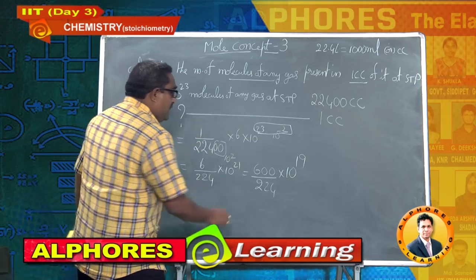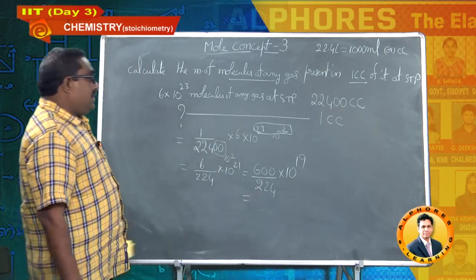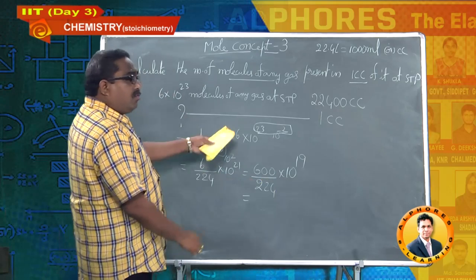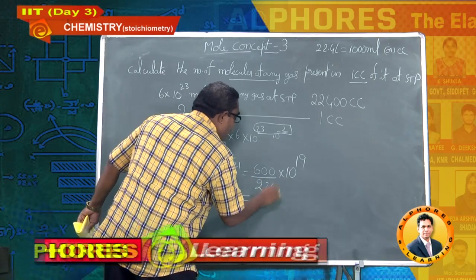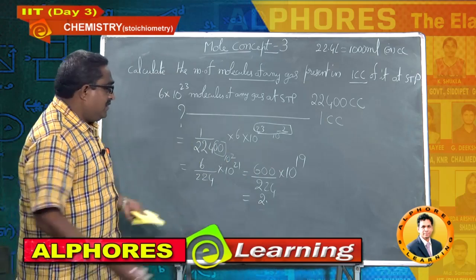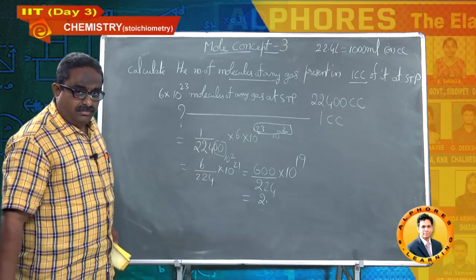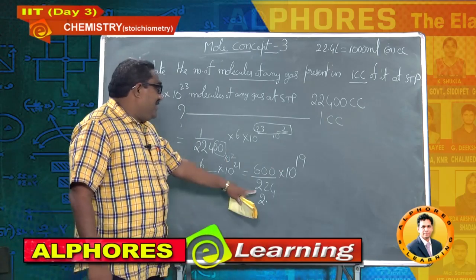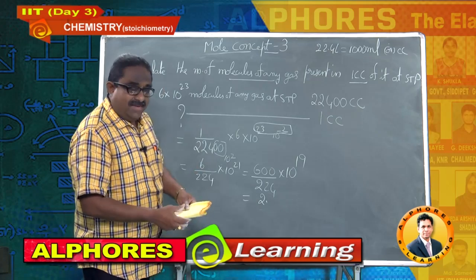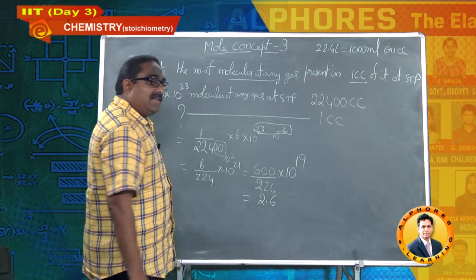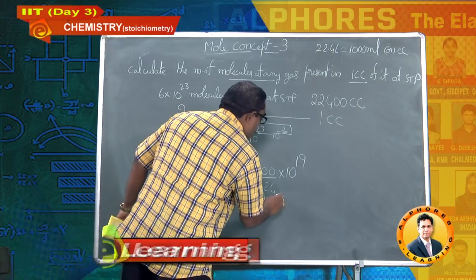Very important. Now you can calculate: 224 into 2 is 448. Remaining is 152 out of 600. You can simply go for almost 6 times. So 2.6, and then you will get 2.68.